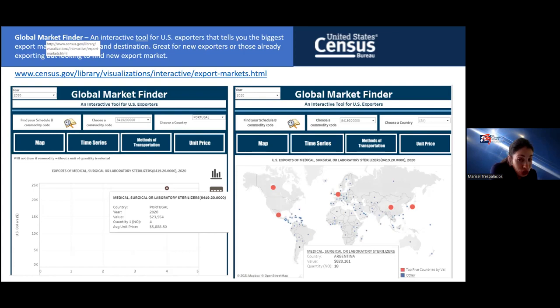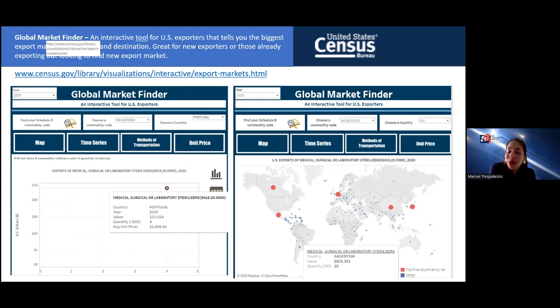If you pick Portugal, for example, because you've been getting all of these trade leads, you've been reading on Portugal, you want to learn more. And in here, what I like about it, among all other data that it can give you, is that it gives you the average unit price of this product going into Portugal. And you can see that it's almost $6,000 for these lab sterilizers.